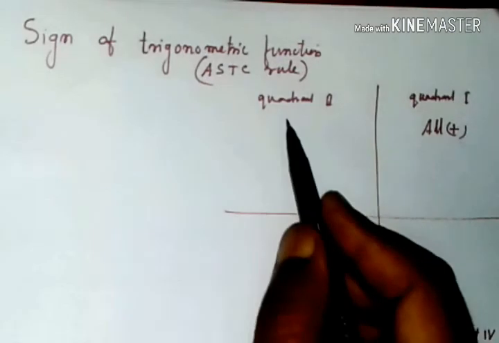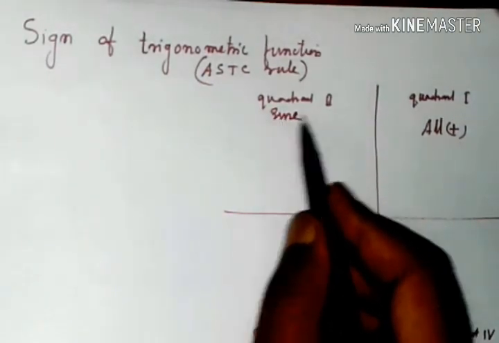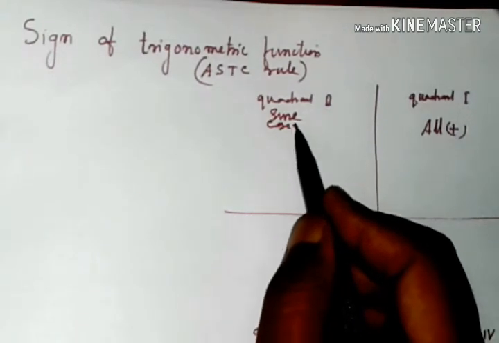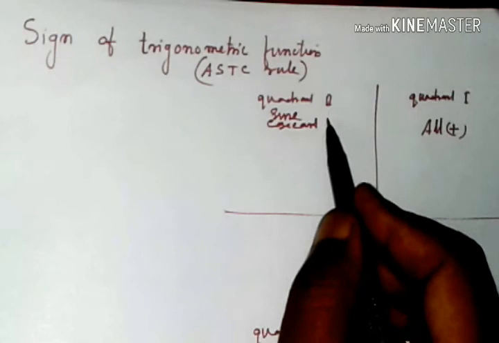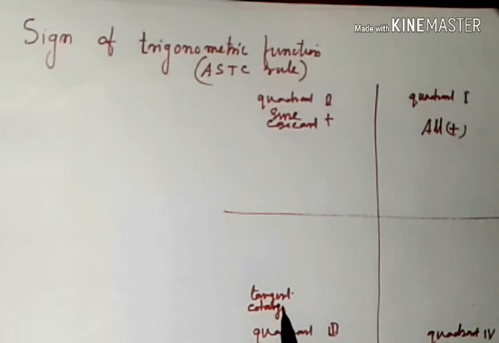In the second quadrant, sine and its reciprocal cosec are positive. In the third quadrant, tangent and its reciprocal cotangent are positive.